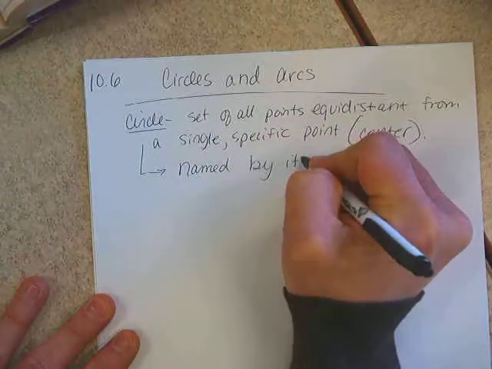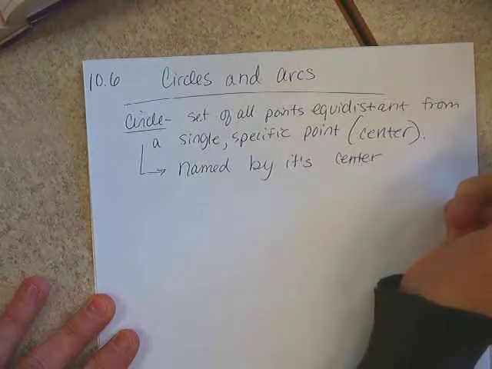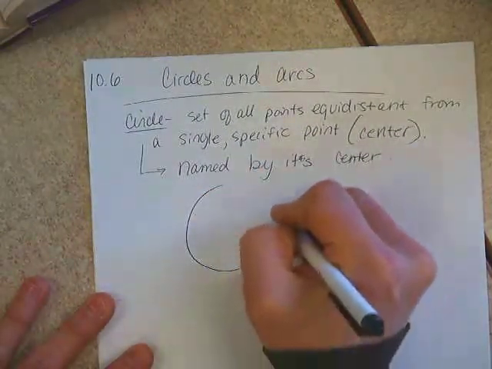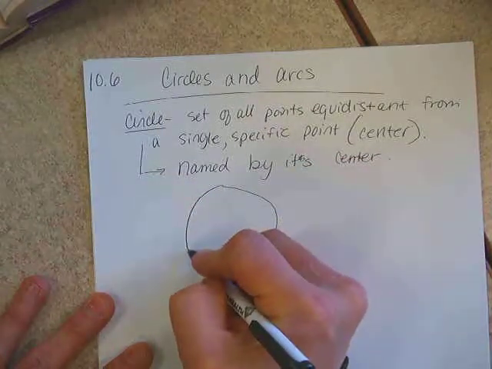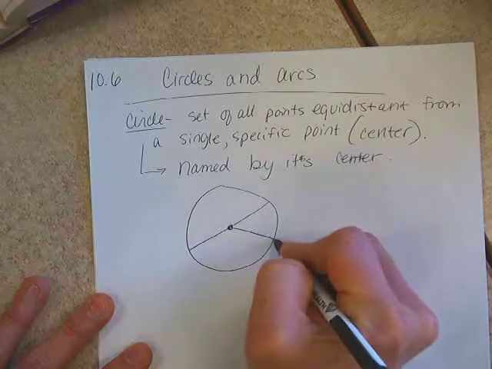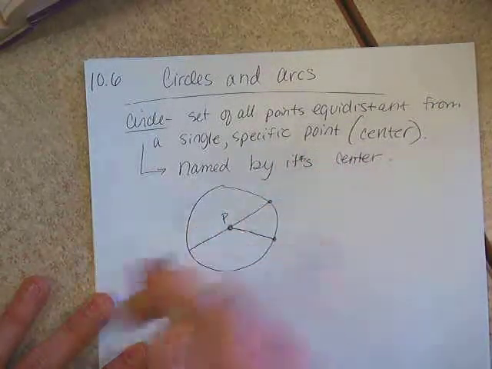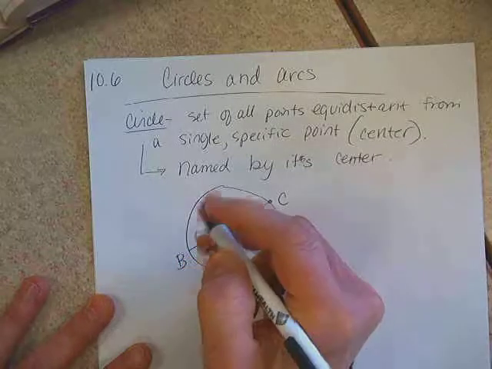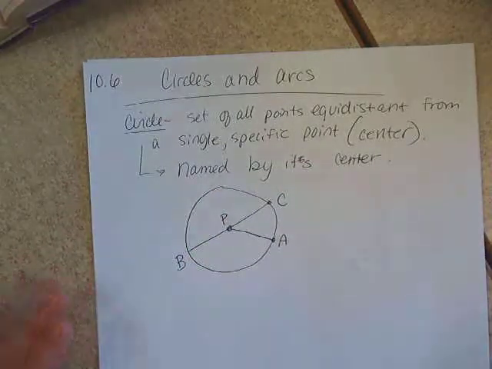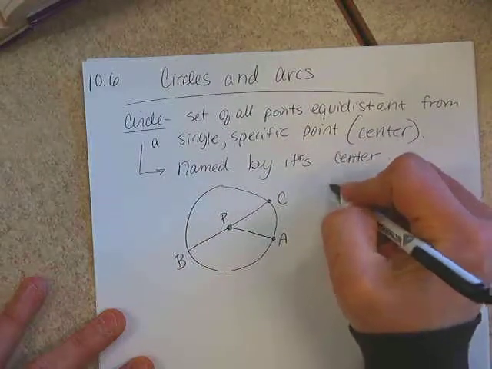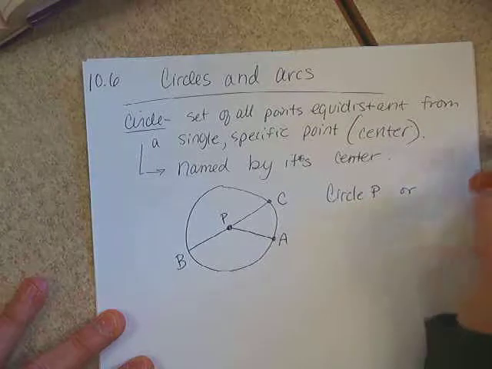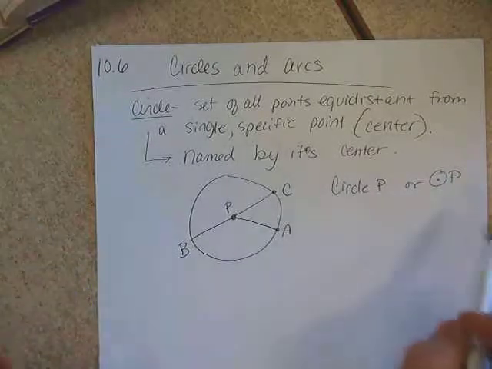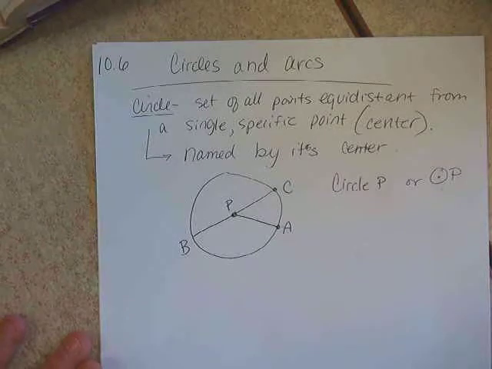And a circle is named by its center. So you could see notation, just circle P, or the little circle with the center P.